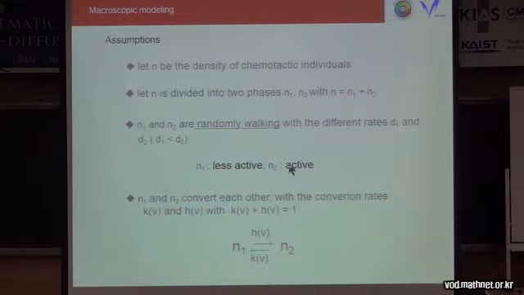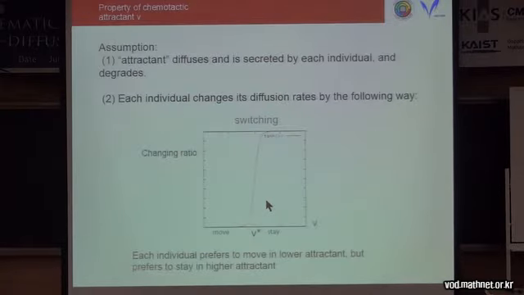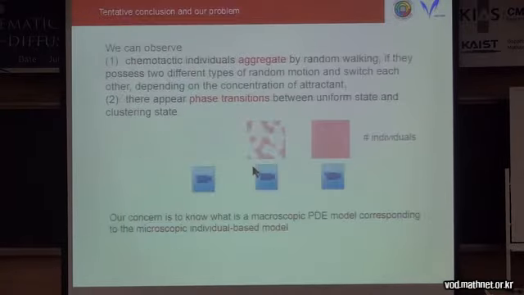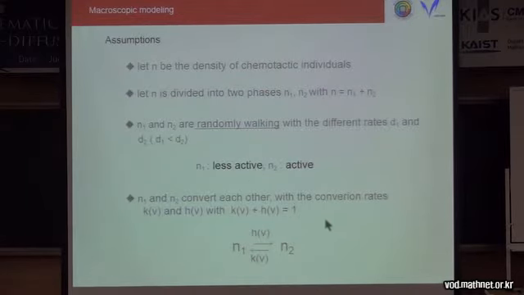We normalize the ratio of the switching condition. H and K are the switching ratios from one phase to another, and I just normalize like this.